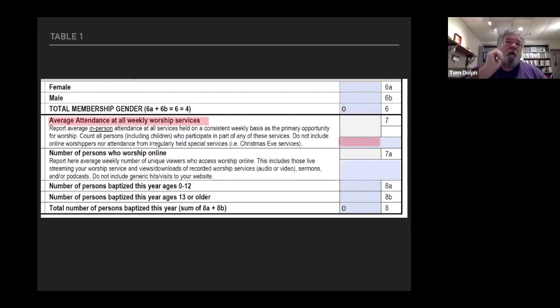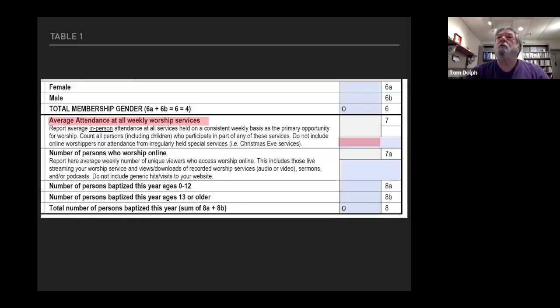Average attendance at all weekly worship services. This is for in-person services only. If you are only doing online services, you can count that, but this is for weekly, regular.